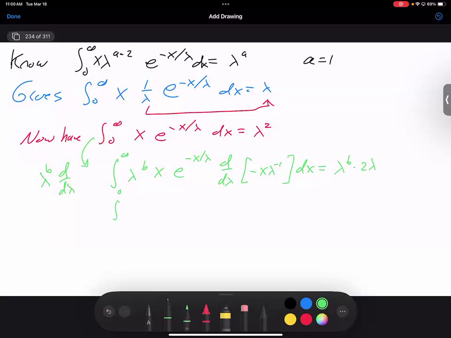So I get the integral from 0 to infinity of x lambda to the b e to the negative x over lambda. The derivative of negative x lambda inverse, then I'm going to get x lambda to the minus 2, the minus is reinforced, and I'll get b minus 2 dx equals 2 lambda to the b plus 1. What would be a good choice for b?